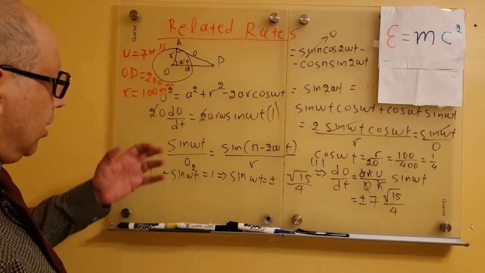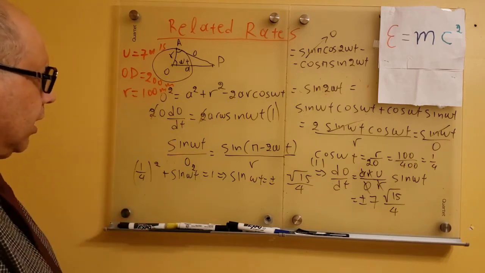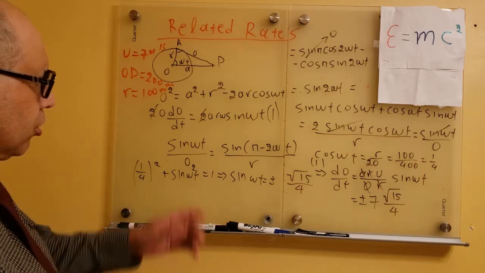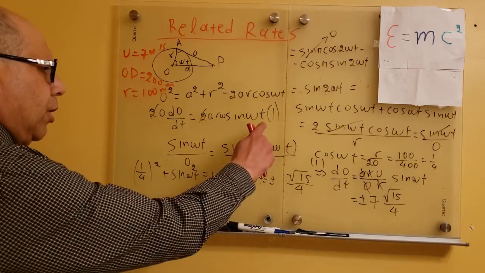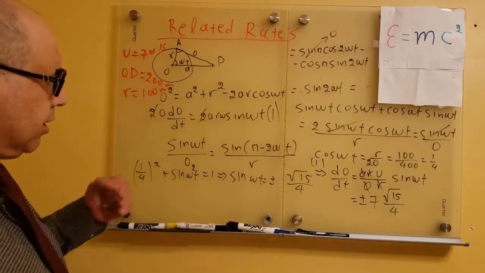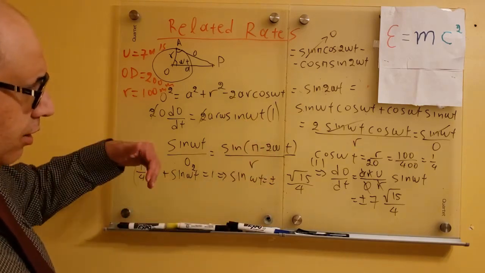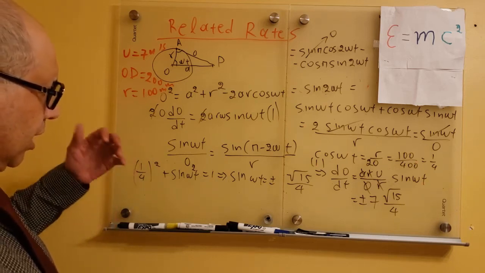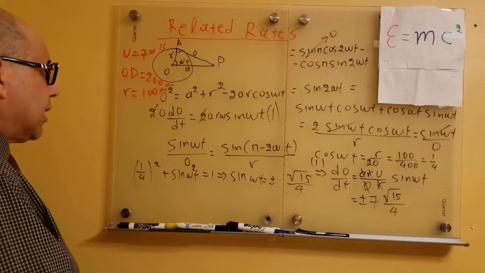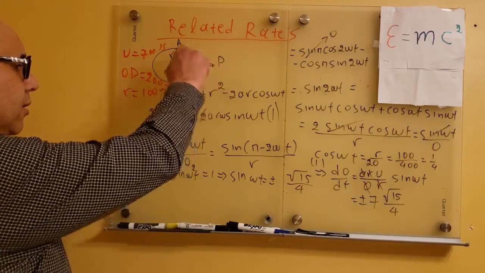Okay, but still we cannot get what we want because we don't know how much t is. But now we take a second formula, which is the sine rule. We take it again in this triangle here.